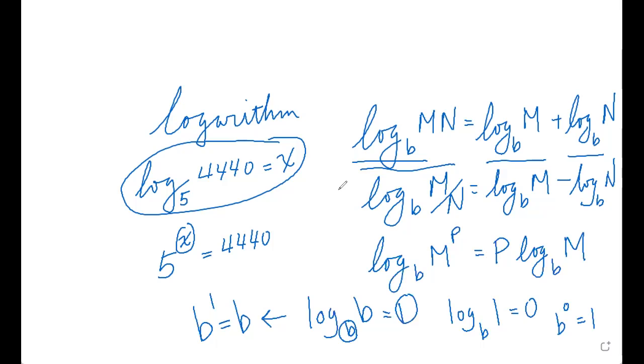So now let us go back and see if we can solve this equation. Okay. Now, if something equals something, then the log is going to equal to each other. That's the math property.